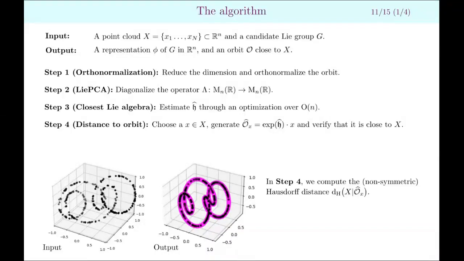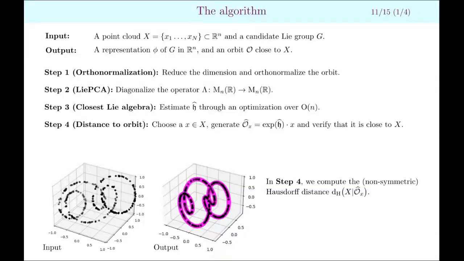This is not the two-sided Hausdorff distance, it's only the distance from the point cloud to the orbit. Because maybe X is not very well sampled, has gaps between the points, and the symmetric Hausdorff distance would also measure this, which we don't want. So it's only the one-sided Hausdorff distance.